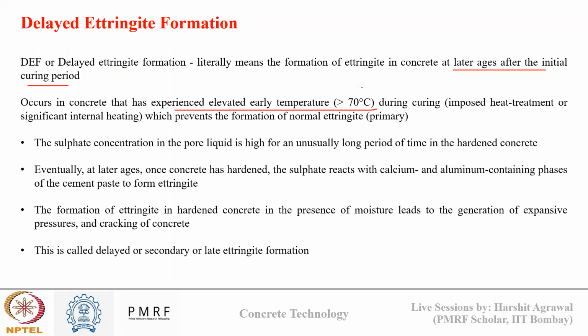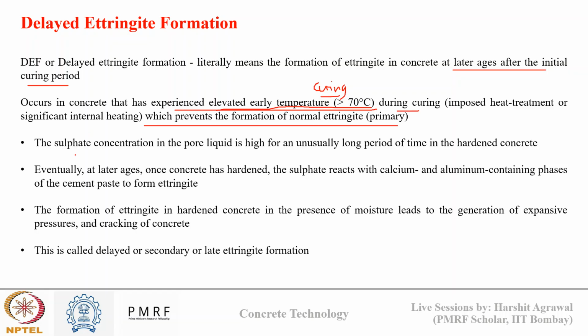If, during the initial curing phase, like the initial 24 hours, the temperature of my concrete is elevated above 70 degrees Celsius, then it will prevent the formation of normal ettringite. So initially there won't be any formation of ettringite if there is high temperature curing.